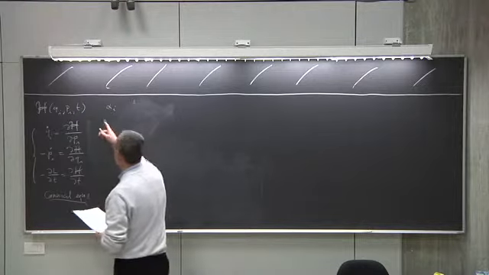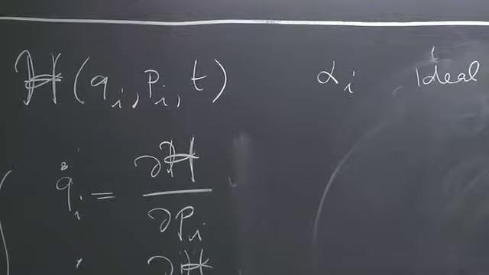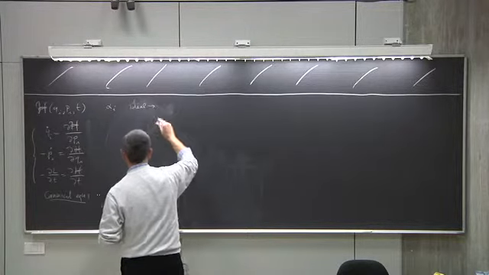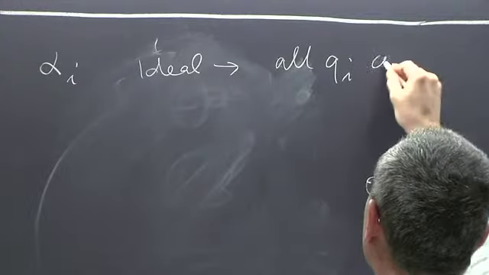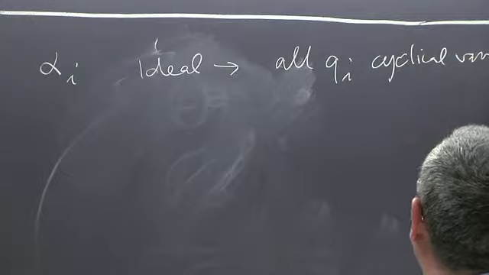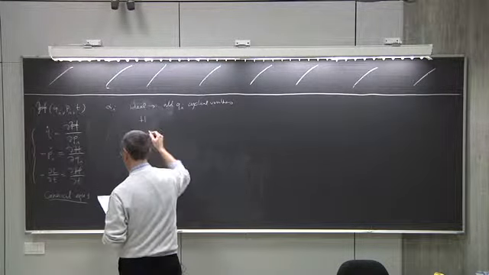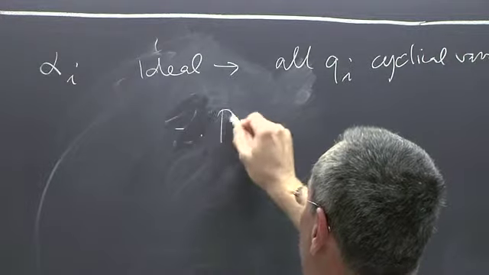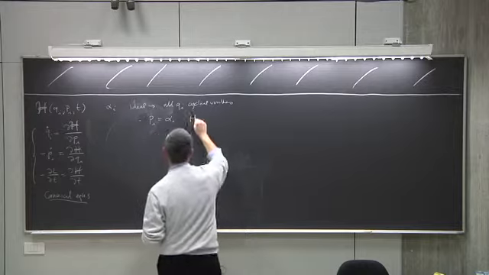So I say the ideal situation would be that all the Q sub i's are cyclic variables, meaning that they are not there, okay? Then the Hamiltonian is just a constant, because all the Pi's are just alpha i.